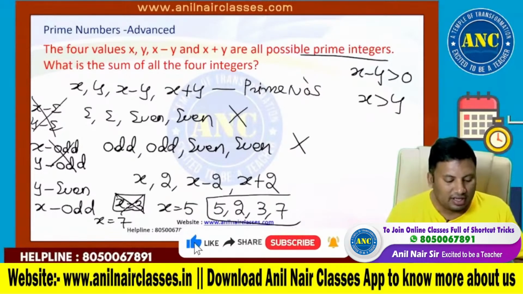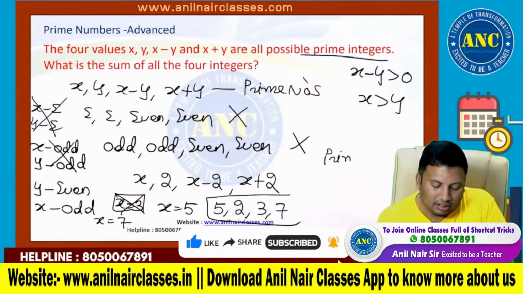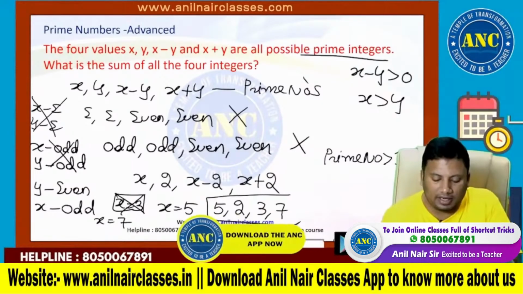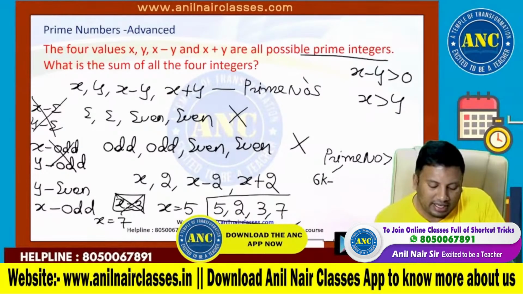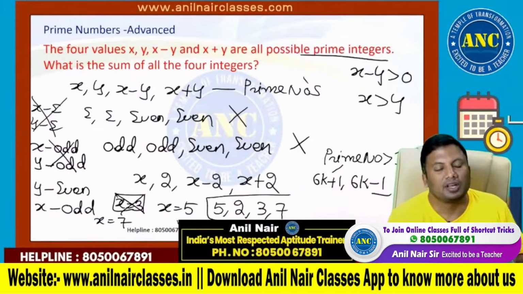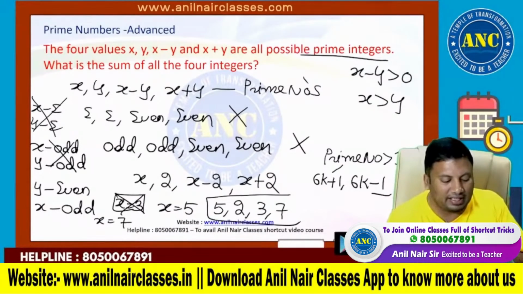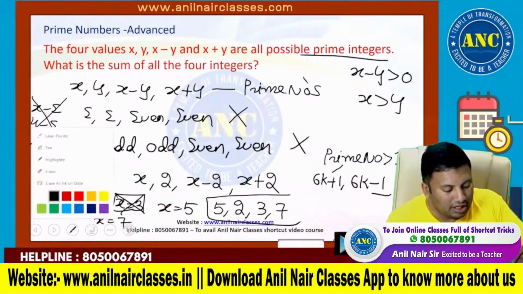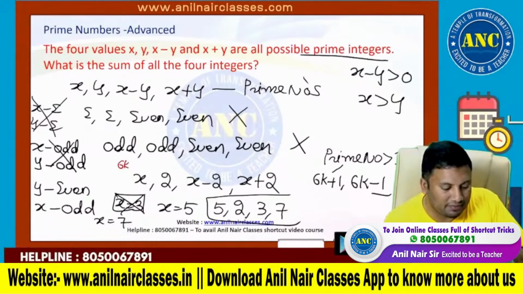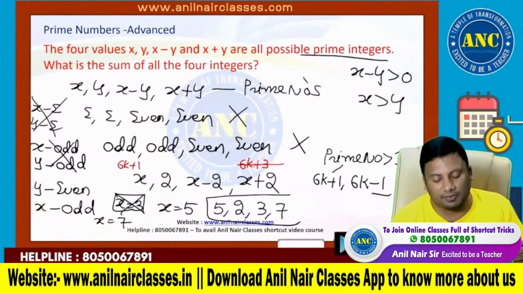Now if you see here, any prime number greater than 3 we have taken as 6k plus 1 or 6k minus 1. Am I right? Now after 5, if I take 6k plus 1, then x minus 2 will become 6k minus 1 and x plus 2 will become 6k plus 3, which is divisible by 3.